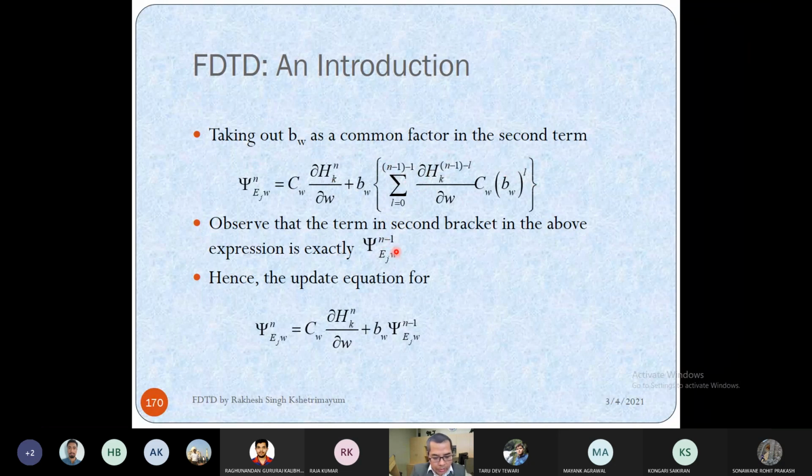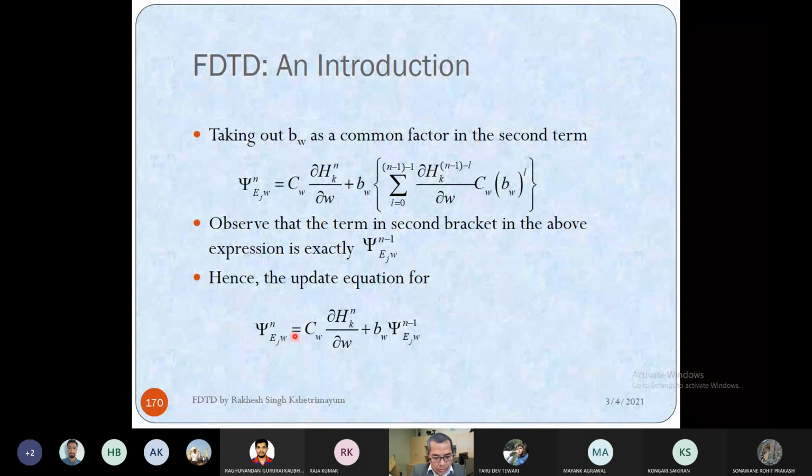That's the simplification we want, so that we can write an update equation for psi ejw n. So psi ejw n turns out to be equal to this first term here, cw del sk n divided by del omega, plus bw psi n minus 1 ejw. So this is basically the update equation for psi ejw n.